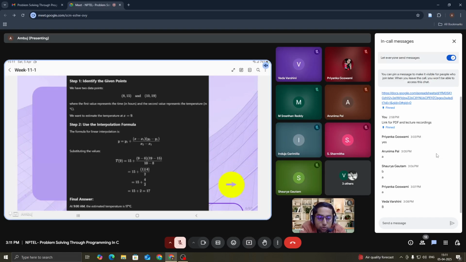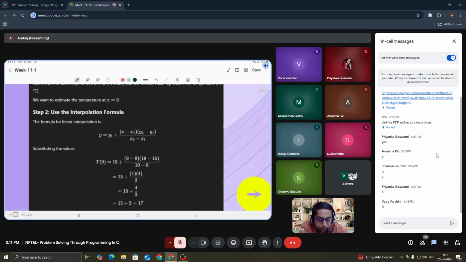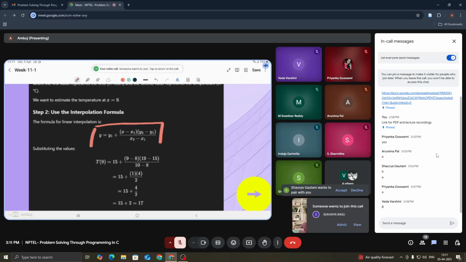So apply this particular formula. This is the formula for linear interpolation. You always have to keep it in mind.